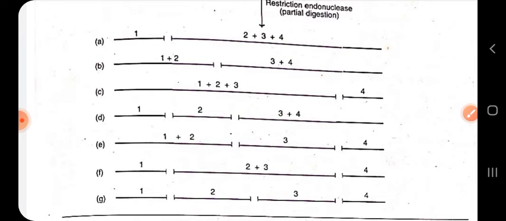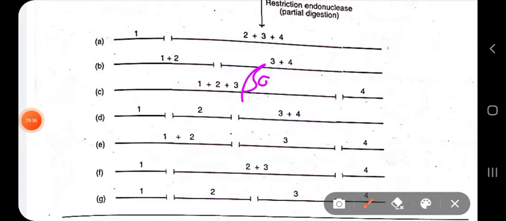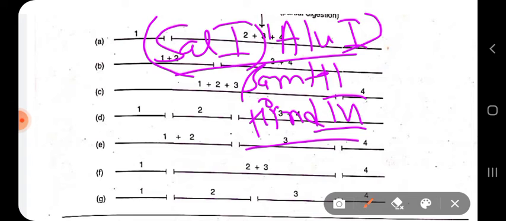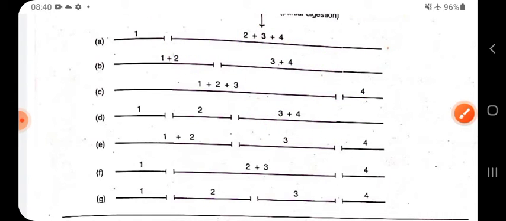And by a combination of different restriction enzymes, like EcoR1, we can also use other enzymes such as BamH1, HindIII, SalI, and AluI. By the combination of different restriction enzymes, we create this type of series of fragments.